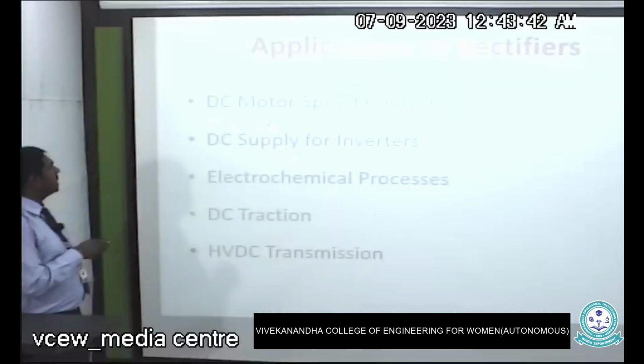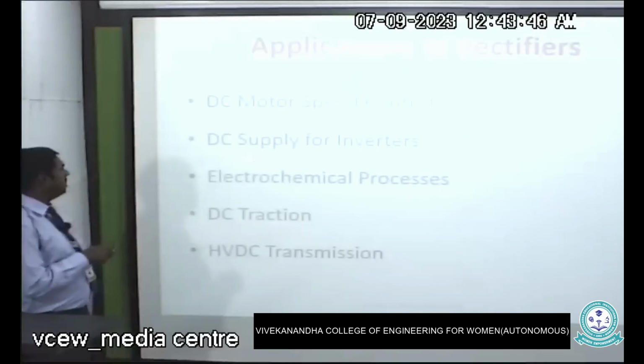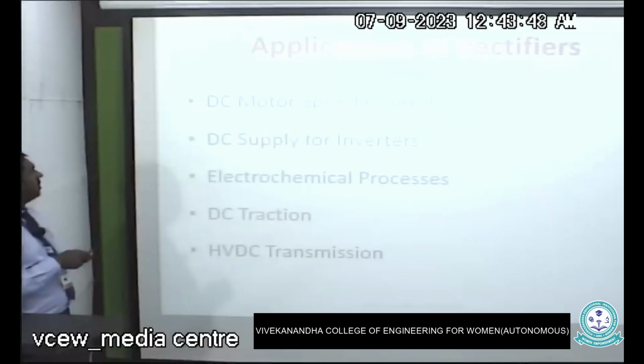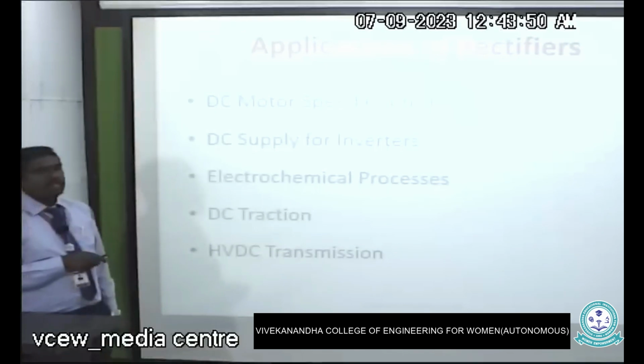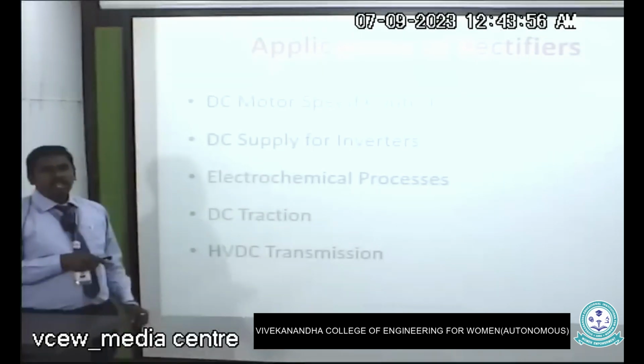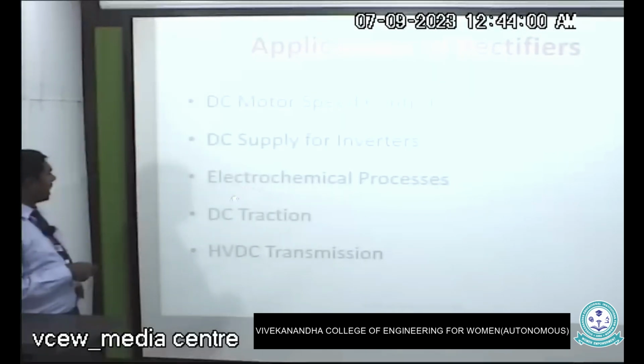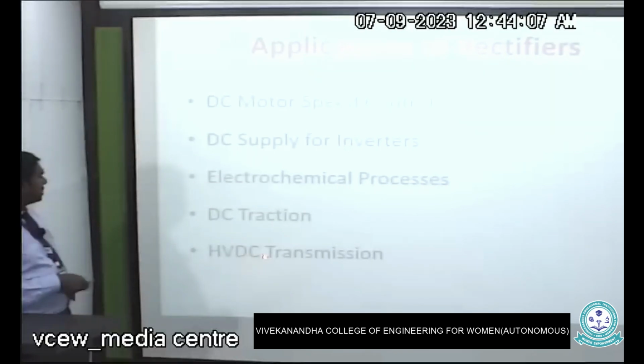These rectifiers are connected with converters and inverters, so where we need a DC supply for inverters, we can use them. Then electrochemical processes, which combine electrical and chemical reactions. Then traction, DC traction. Then power transmission, that is, HVDC transmission.